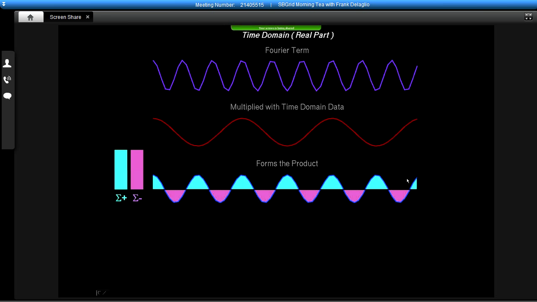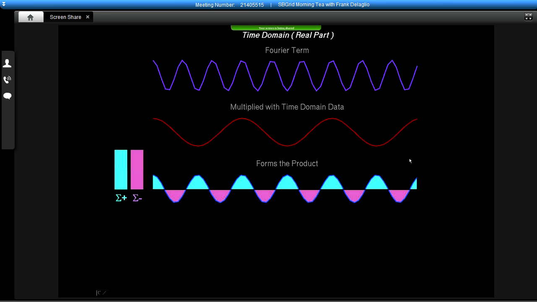And in the examples that we see, I'm going to monitor the amount of positive and negative data in these products by a little bar chart on the side here that will show us the total amount of positive data and the total amount of negative data. Generally speaking, when we multiply two sine waves together, the product will have equal amounts of positive and negative intensity.